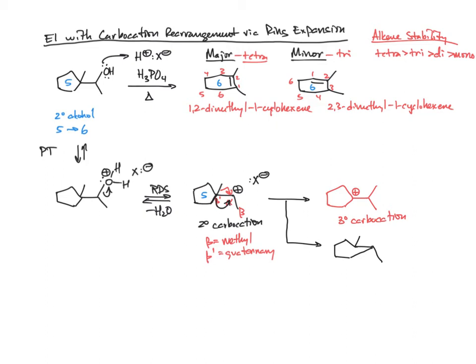The plus charge ends up where that bond just left. And so now if we count 1, 2, 3, 4, 5, 6, we can see that the ring expanded, but that looks pretty sloppy compared to what we're used to seeing. So let's actually draw it as a 6-membered ring.